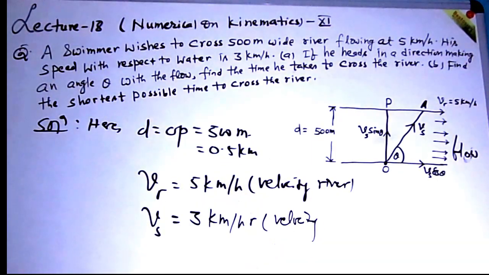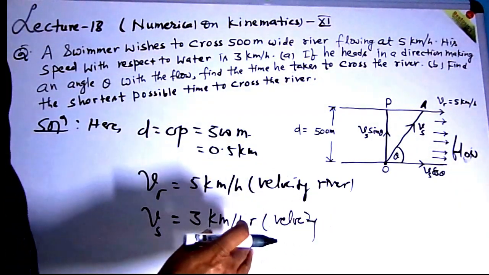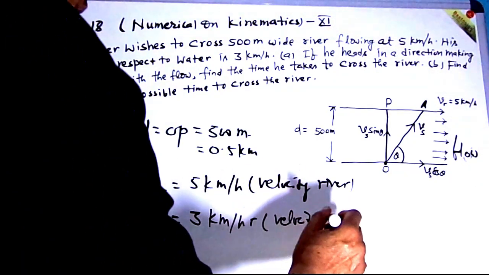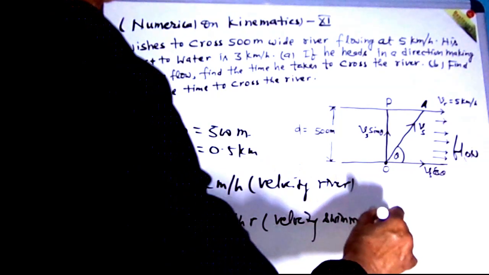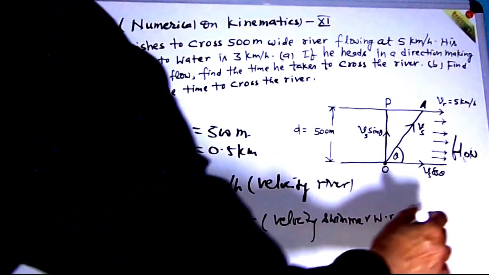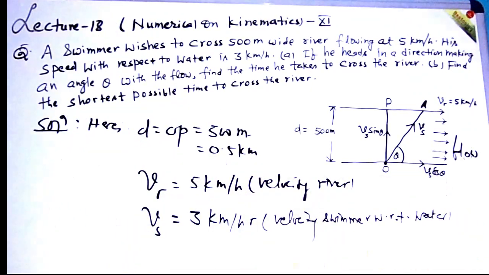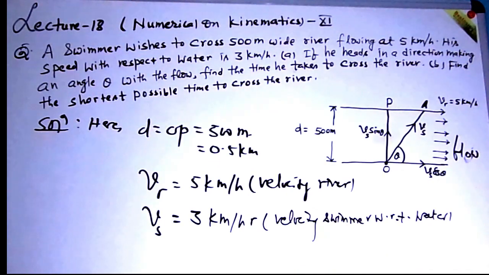This is his speed, or the velocity of the swimmer, velocity of swimmer with respect to water is given. But the direction of this swimmer is theta with the flow, with the direction of flow.